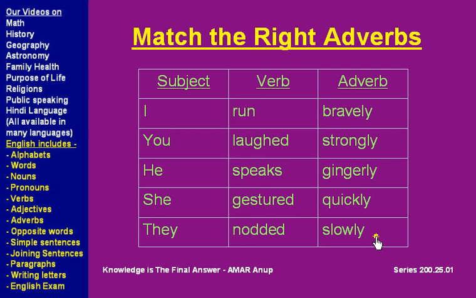What you have to do is match the right verb with the right adverb that will describe that verb. Actually any of these adverbs can be used with these verbs, but try to find the best possible one. You can pause here and restart when you are done.